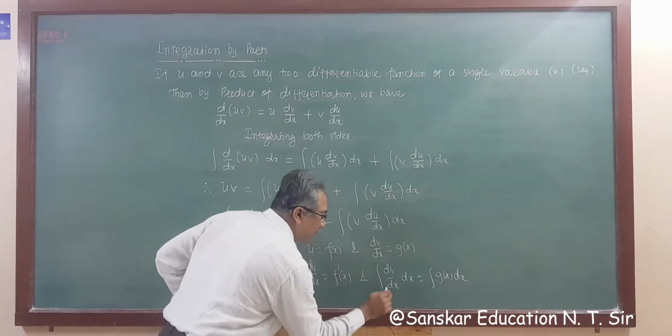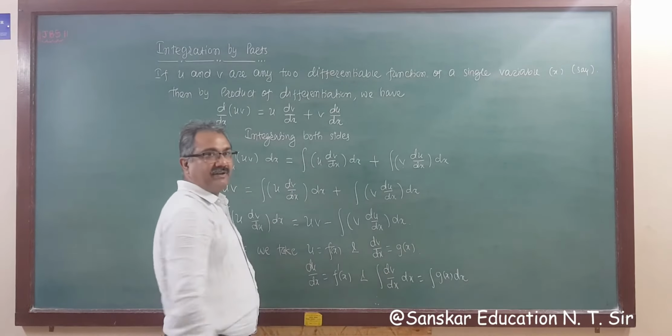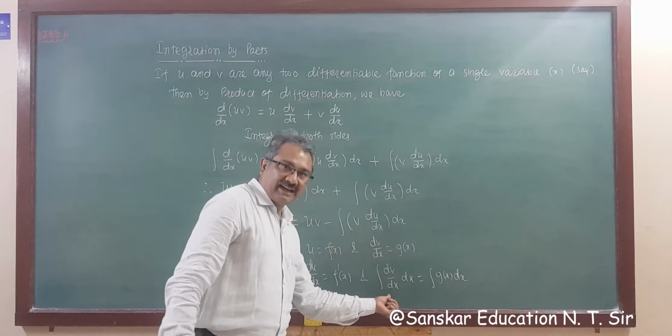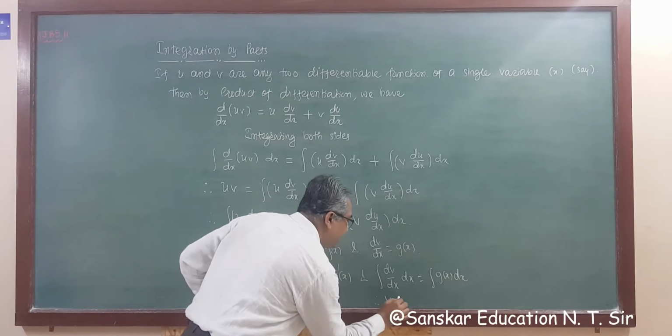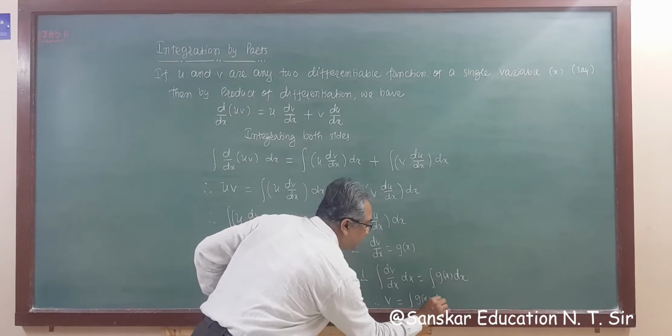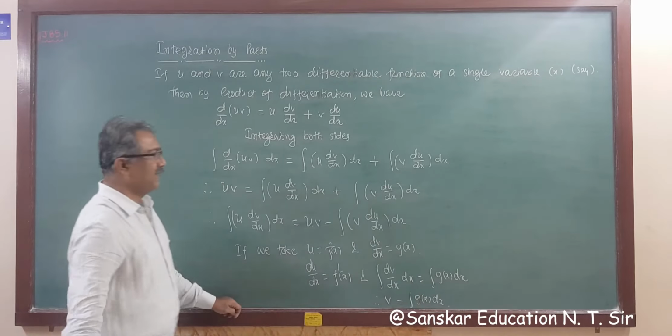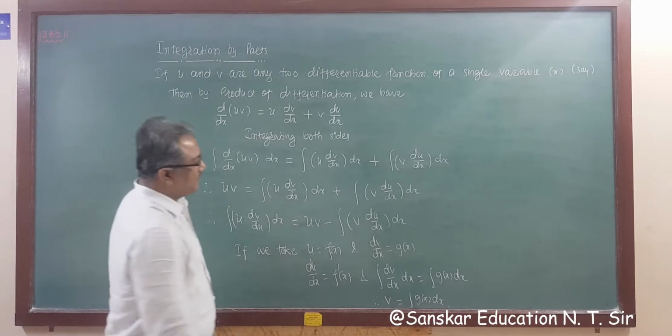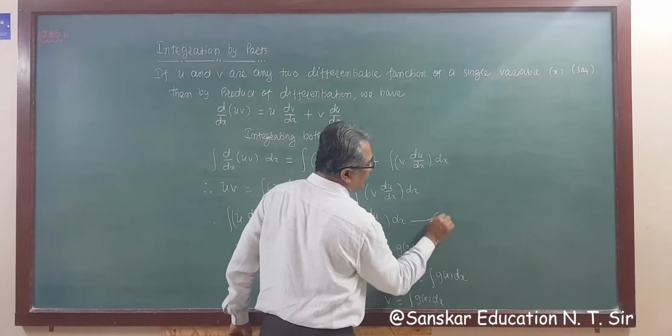The derivative and integration vanish here, so v is equal to integration of g(x) dx. Suppose we call this equation number 1.